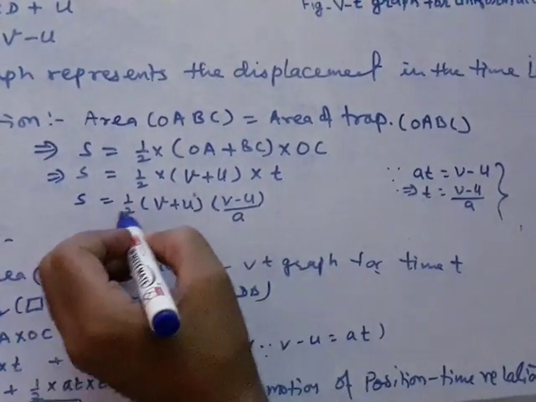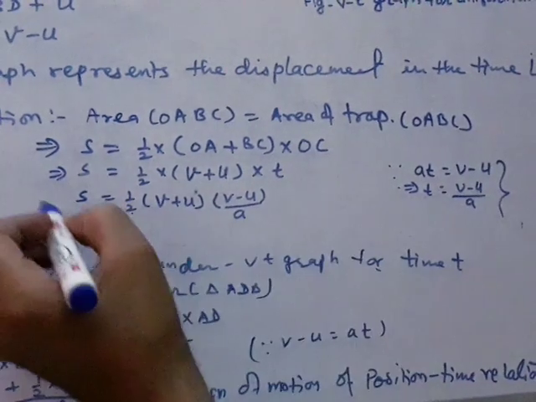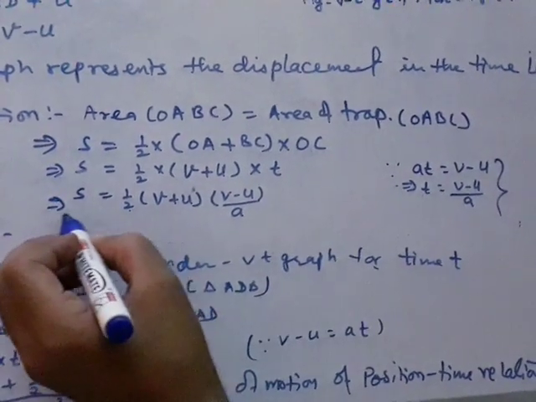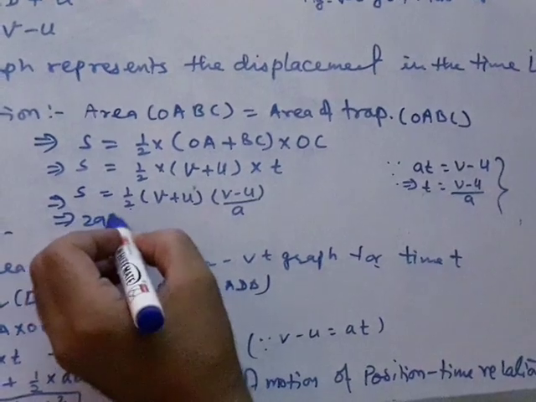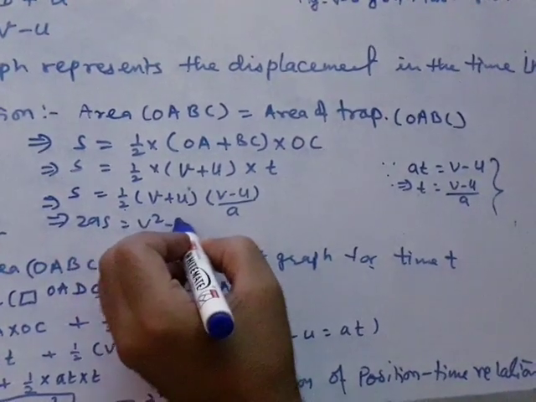Now you transfer 2 and A to that side, then we get 2AS is equal to V square minus U square.